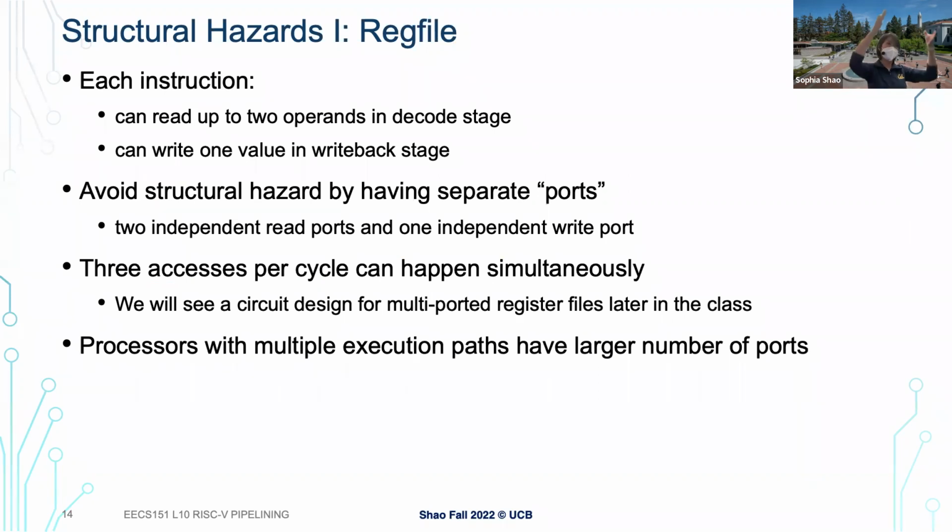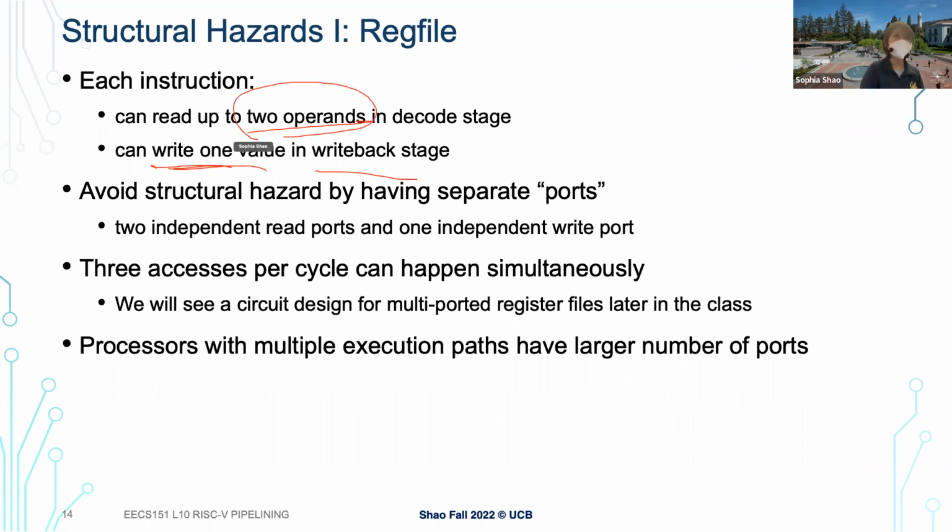We have this register file and we need to perform read and write operations. For RISC-V instructions, especially R-type instructions, we need to read 2 operands from the register file in the decode stage, and we also need to write 1 value in the write back stage. So there can potentially be 2 places with hazard or contention here.